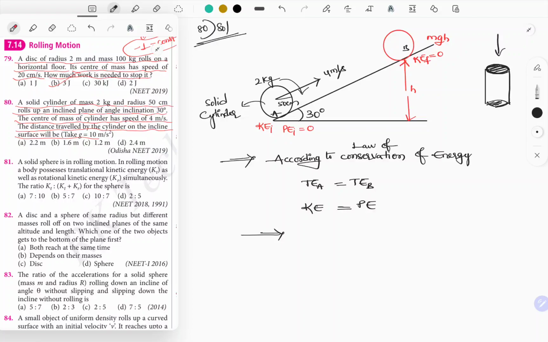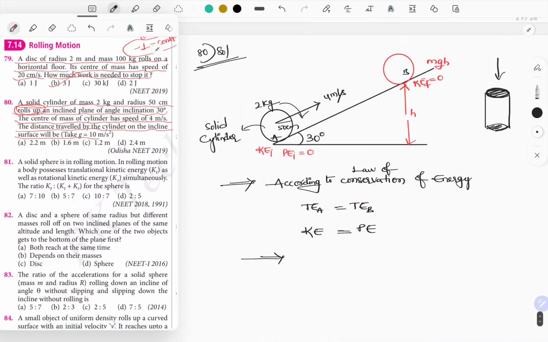It is said here that it rolls up, so it is rotating and at the same time moving up. So it is going to have total translational kinetic energy plus rotational: 1/2 mv² plus 1/2 Iω², which is equal to potential energy mgh.